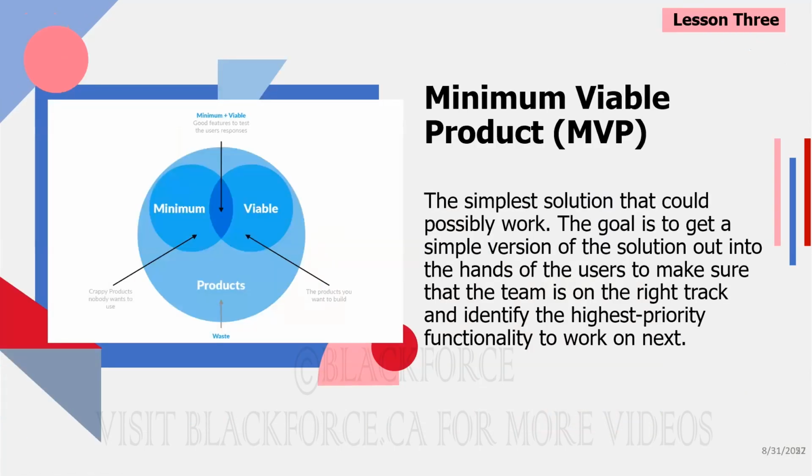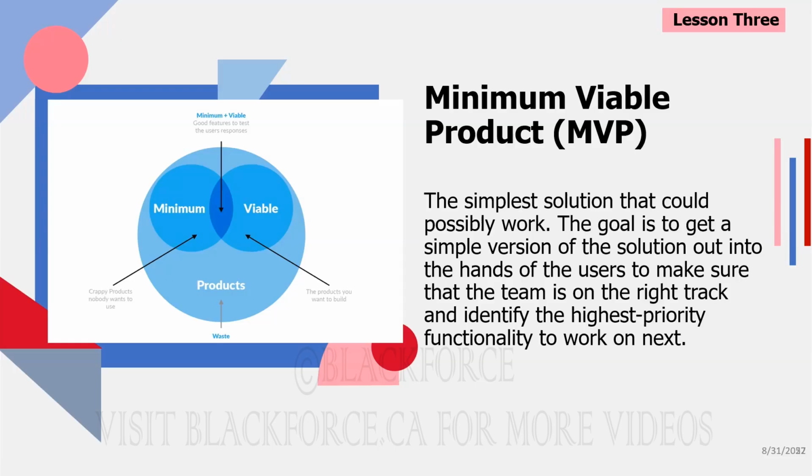So we have something called a minimum viable product. A minimum viable product is the minimum that is acceptable. The simplest version of the solution that could work. The goal is to get it into the hands of users early so that you can get feedback on if you're on track or you're completely off track.